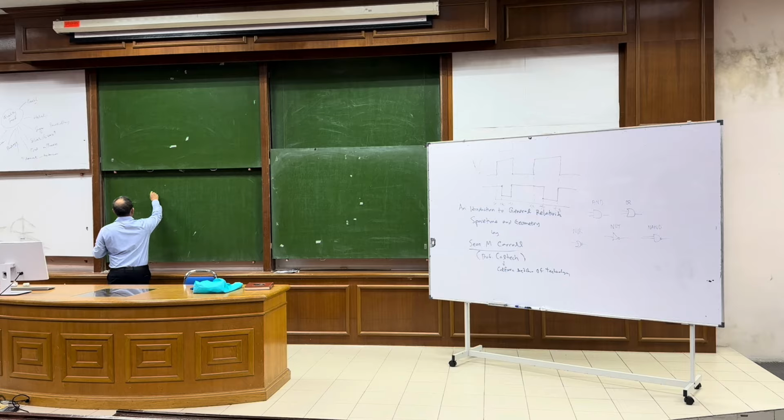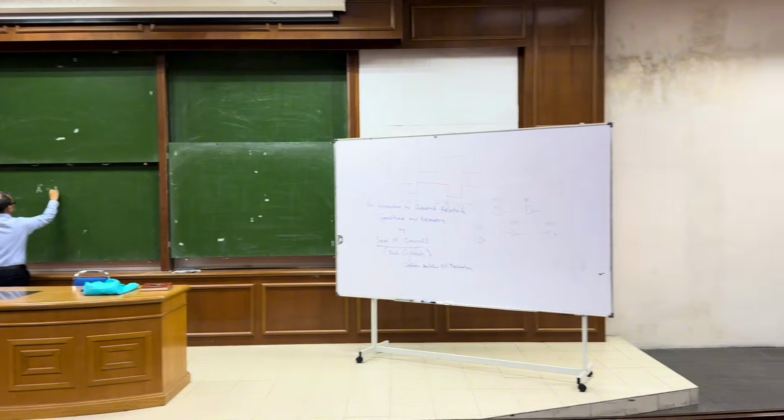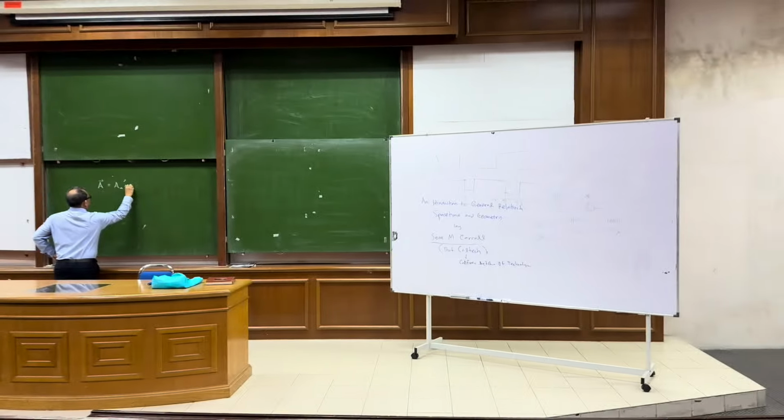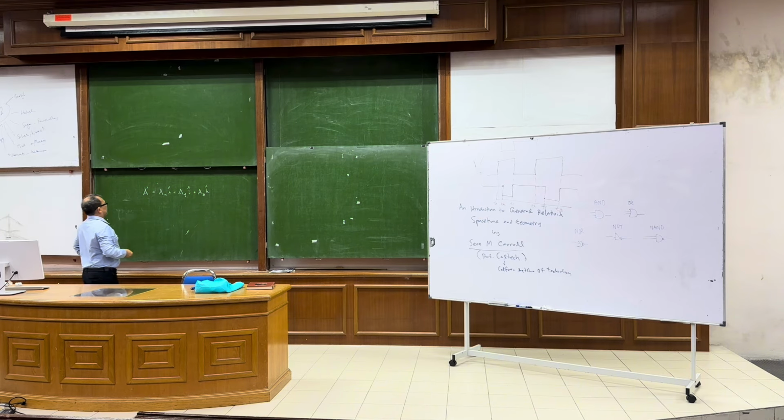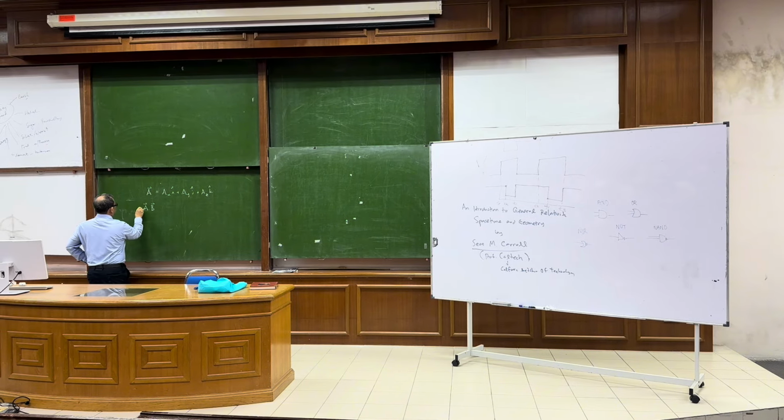If we take an ordinary vector, you know an ordinary vector is Ax i plus Ay j plus Az k. If you take the dot product A dot B, you become another tensor.